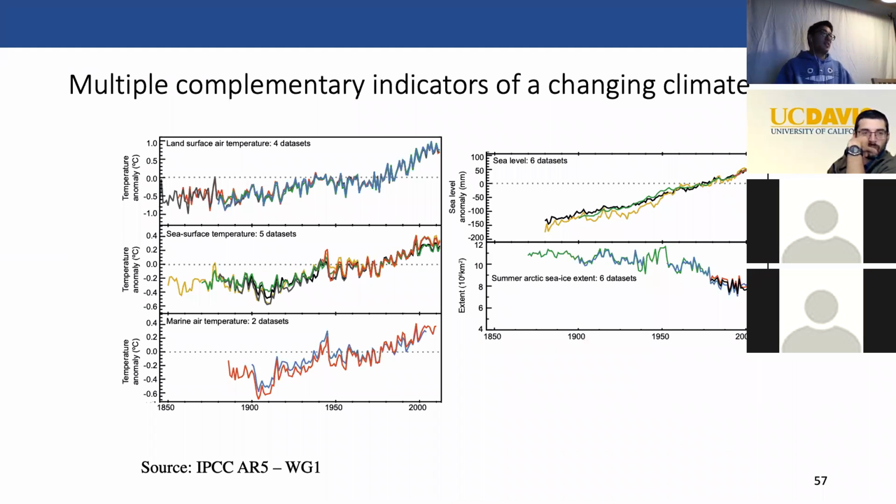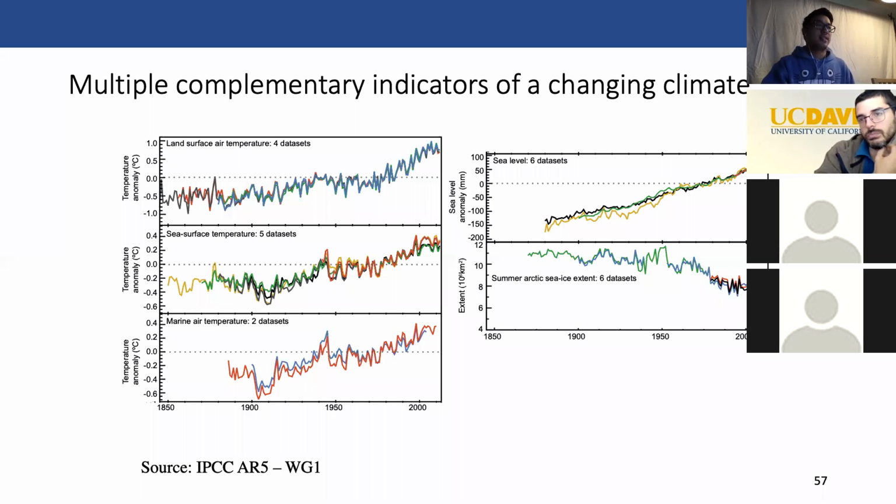And then the strongest indicators of climate change are not only atmospheric temperatures, but also anomalies in sea level rise and sea ice extent, which is basically the coverage of the ice annually, the ice melting cycle in the North Pole.